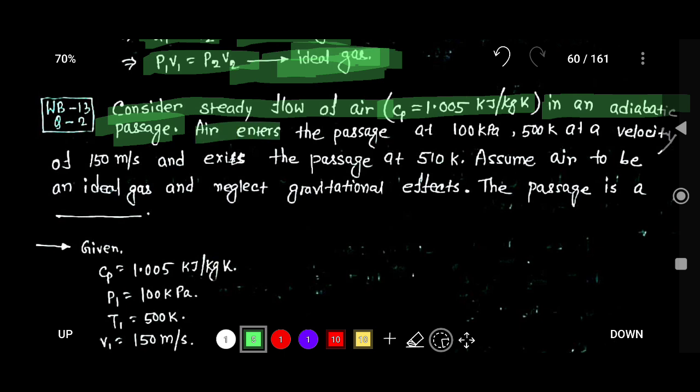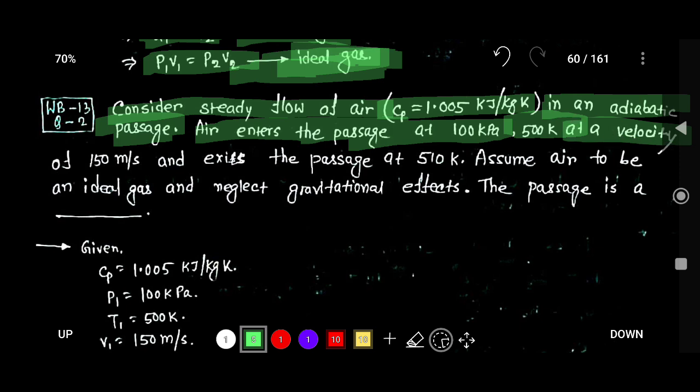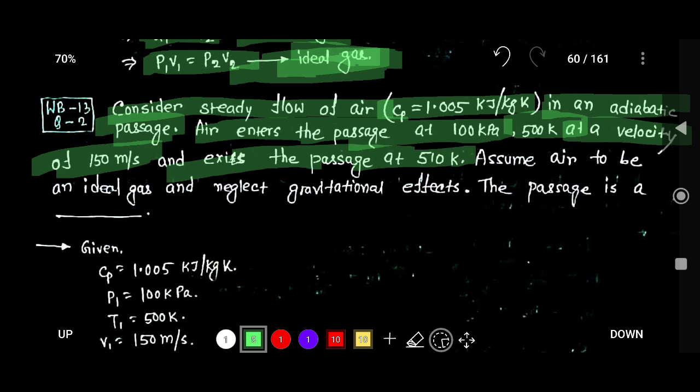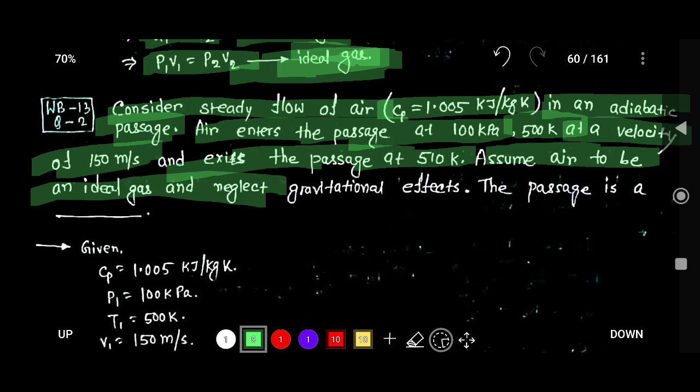Air enters the passage at 100 kilopascal initial pressure and temperature 500 Kelvin, at a velocity of 150 meter per second, and exits the passage at 510 Kelvin. Assume air to be an ideal gas and neglect gravitational effect.